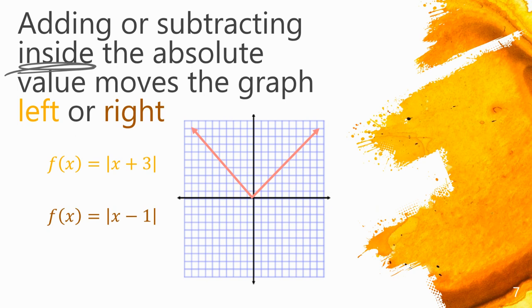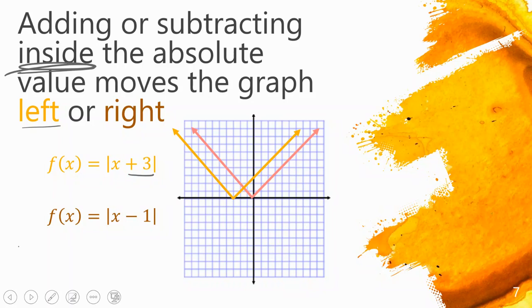Adding or subtracting inside the absolute value moves it left or right. Now be very careful because it's the opposite of what you think. Plus inside actually moves the graph left. So this graph is going to move left 2, left 3. It helps if you can count. Notice that the vertex has moved left 3 because I have a plus 3.